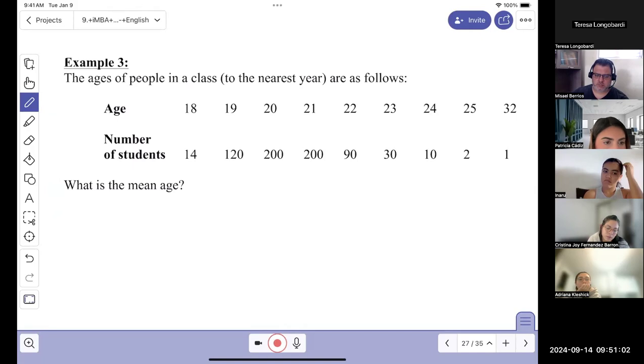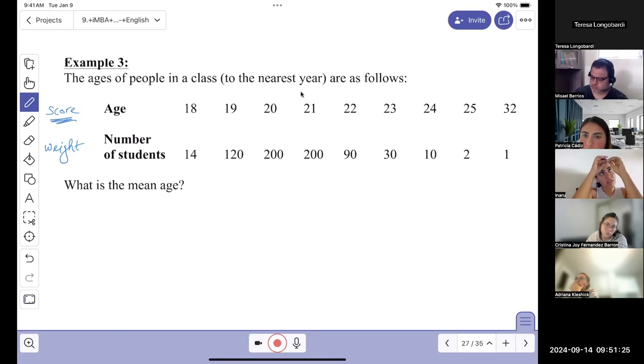The weight will be the number of students. Good. So right away, you have to clarify, this is the weight. This is where you're going to get the weight from. It is the weight, it's the significance of the result. And this is your variable or your score for your variable.